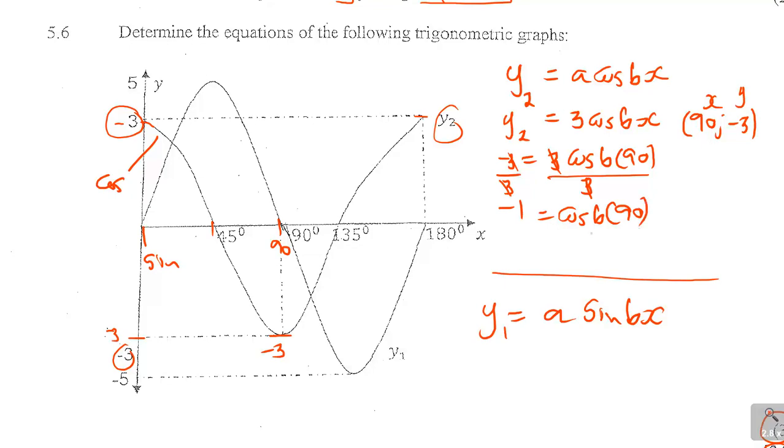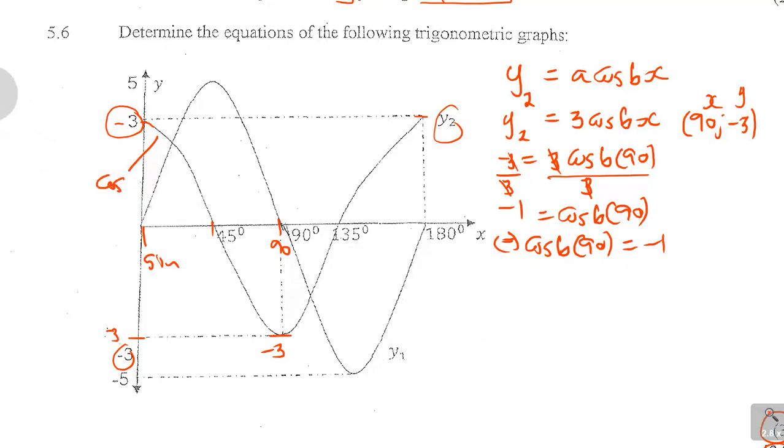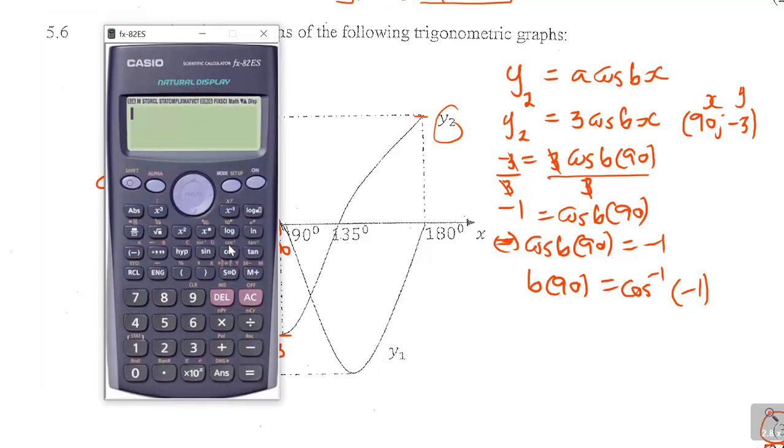So what do I have there? Let me rearrange this so that I'll say cos b 90 is equal to -1. So b 90 is equal to arc cos -1. If you find arc cos -1, say shift arc cos -1, you get 180.